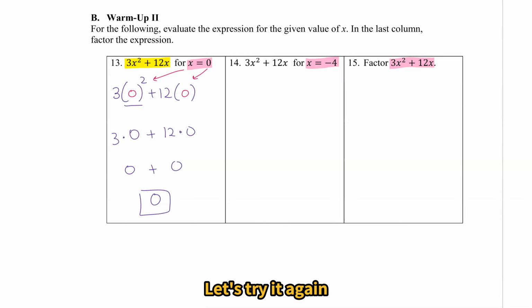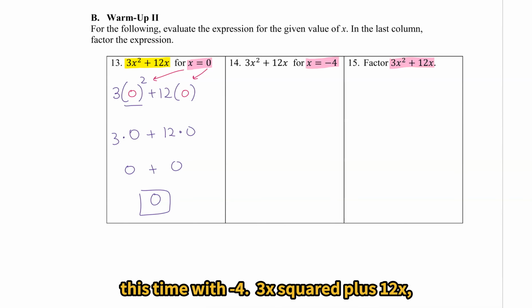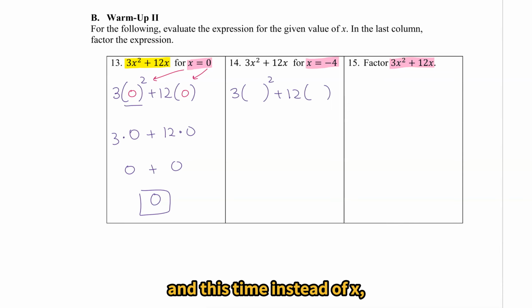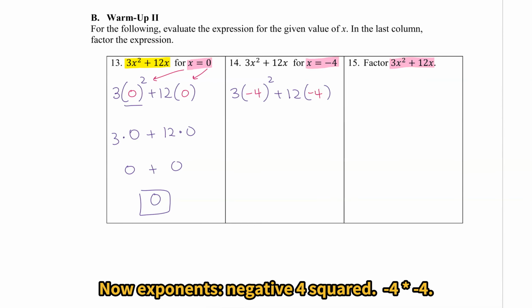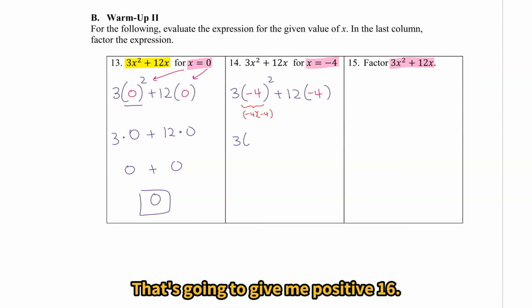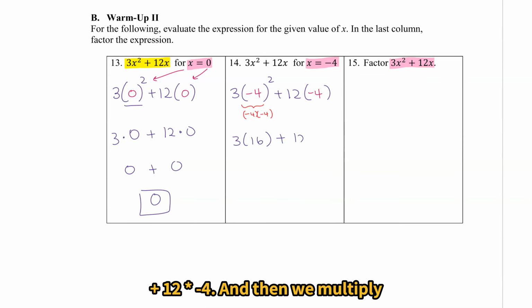Okay, so let's try it again, this time with -4. So 3x squared plus 12x, and this time instead of x, we're going to put -4. Now exponents, -4 squared, -4 times -4. That's going to give me positive 16 plus 12 times -4.